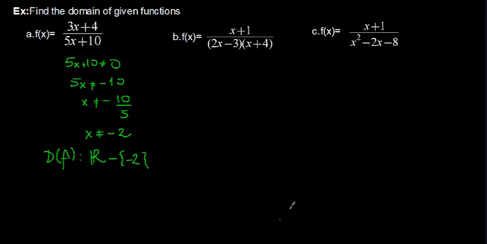And the c one here, we have x squared minus 2x minus 8. And we are going to find when x squared minus 2x minus 8 is not equal to 0. We are going to solve this question by factorization, how we solve this kind of quadratic equation. x squared minus 2x minus 8 is a quadratic equation.